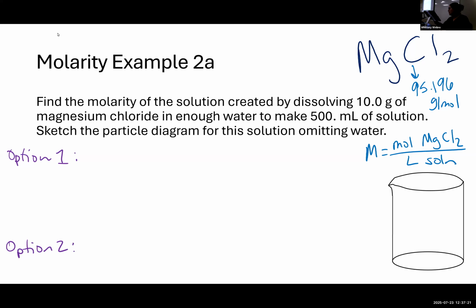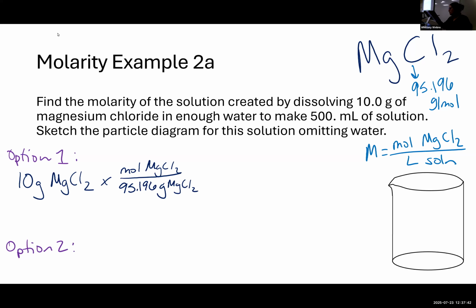So similar to the last problem, we have to start by converting grams to moles using the molecular weight. So 10 grams of MgCl2 times moles of MgCl2 divided by the molecular weight. And I got 0.105 moles of MgCl2.